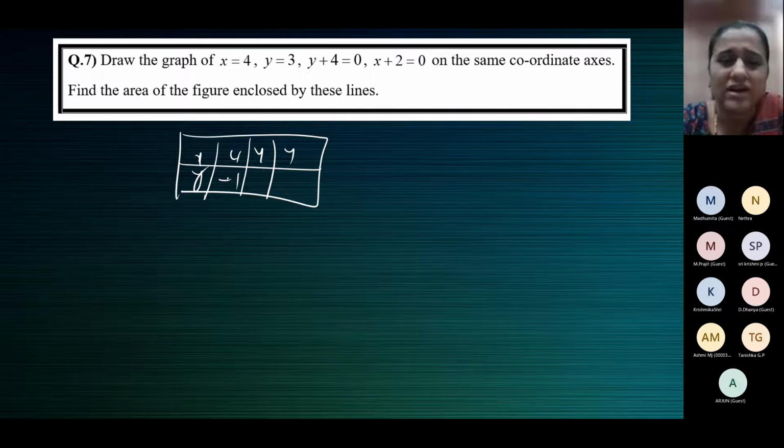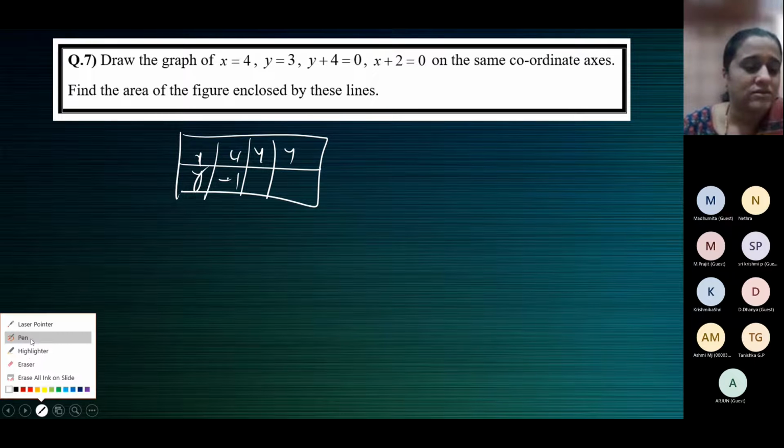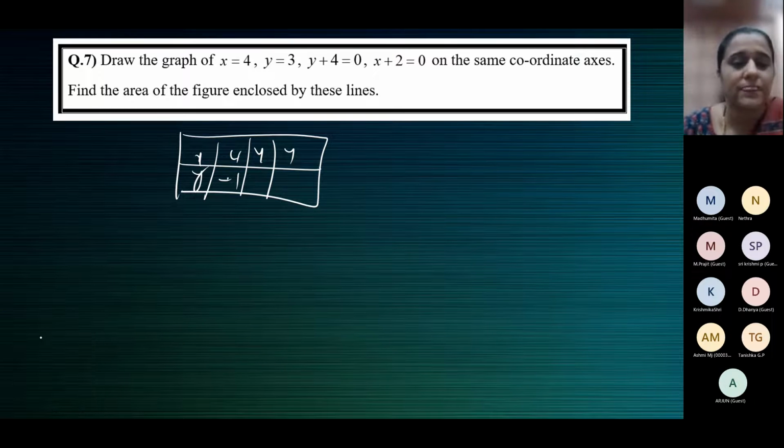You will still get the same graph line, but in this situation you can take negative values because there is no information about what this x is equal to 4 represents. So something like 0, okay, when x is 4, x is always 4 for any value of y, like this.